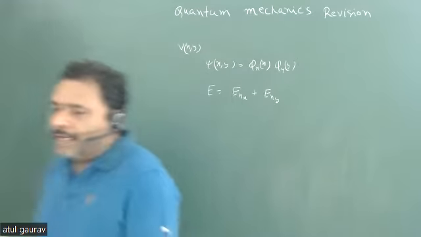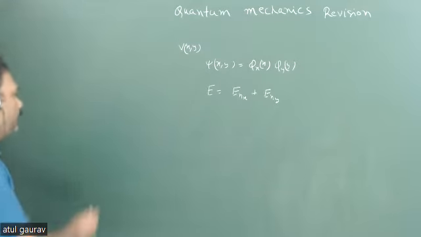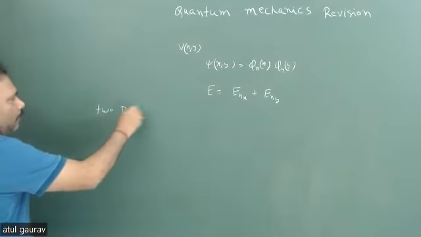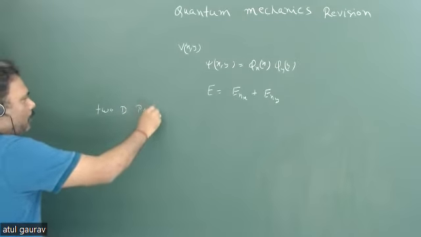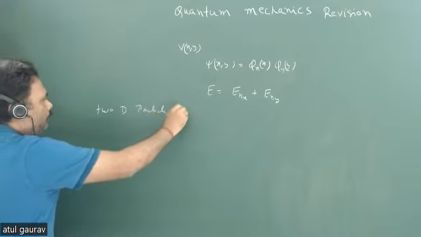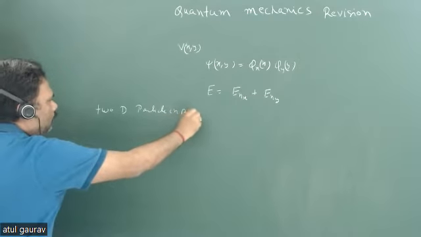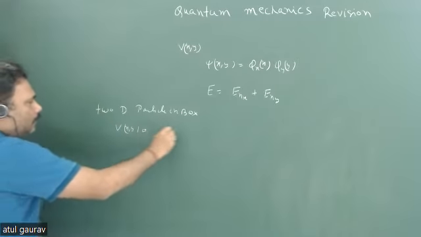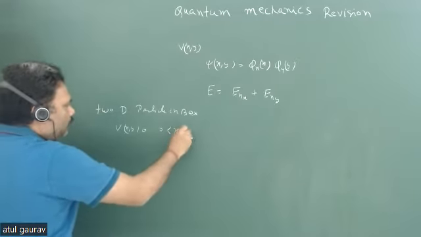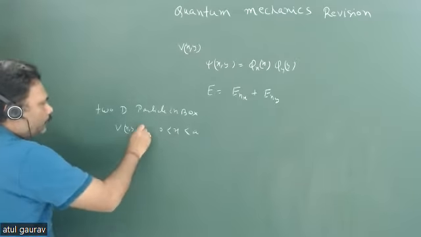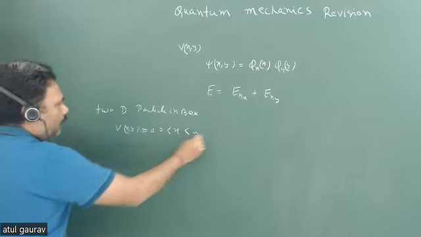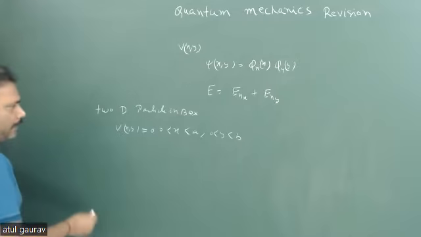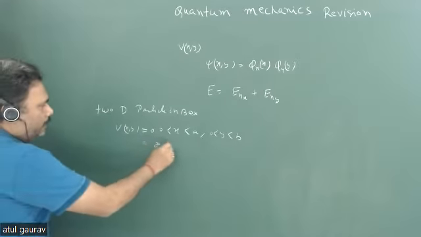So if you have a two-dimensional potential, so a two-dimensional particle in a box, suppose I have V(x,y) equal to 0, where x is between 0 to a and y is between 0 to b, and infinity otherwise.